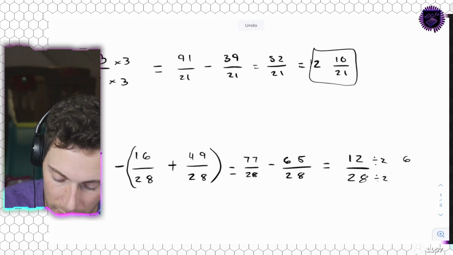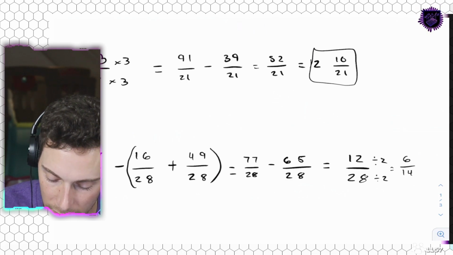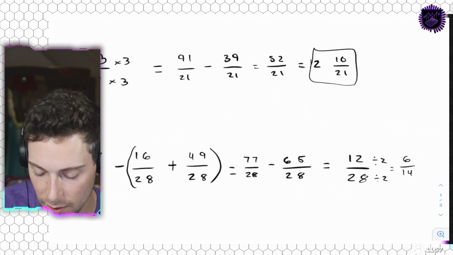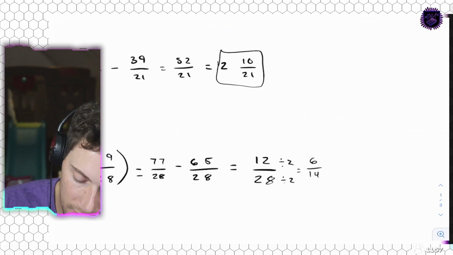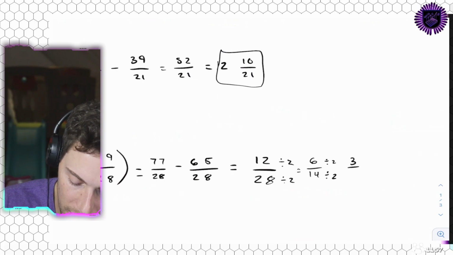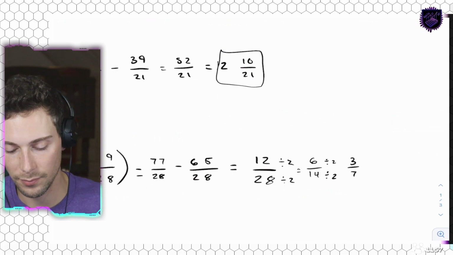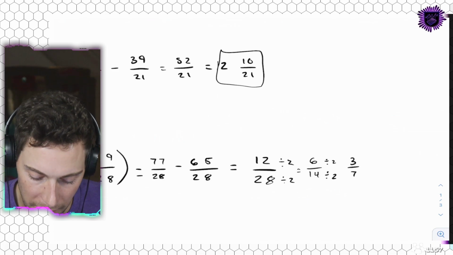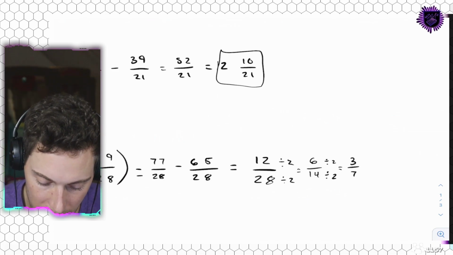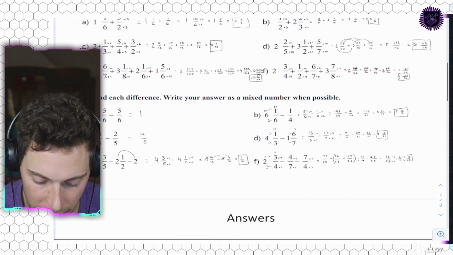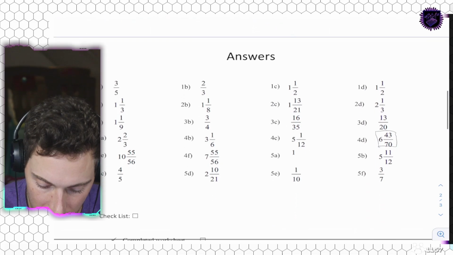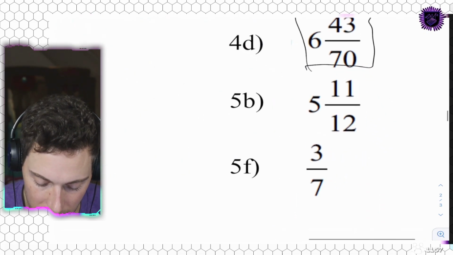Oops. 6 over 14. What goes into... Oh, it's 3. And it's divide by 2 again, which equals 3/7. 3/7 is our answer for question 5F. 5F. 3/7.